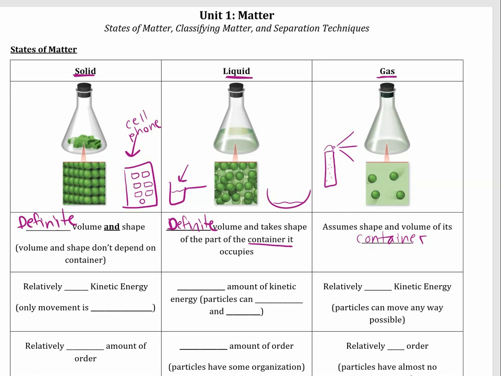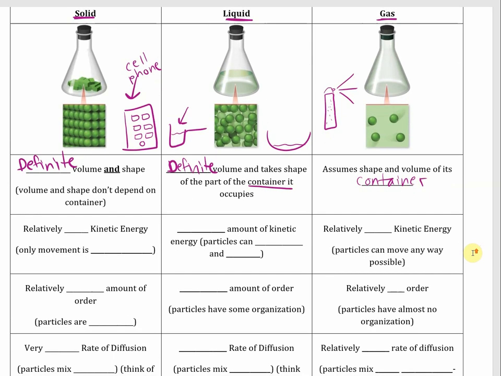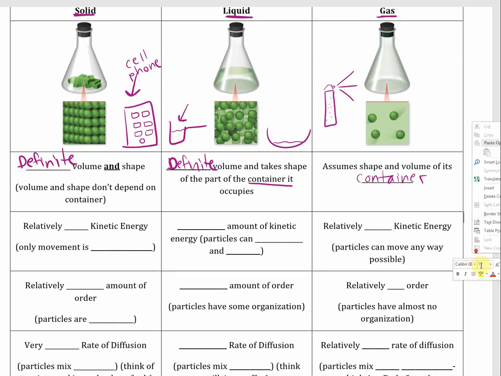As those particles spread, they are going to move in a specific way. Your cell phone particles and your water particles and your Febreze particles all have different amounts of kinetic energy. And kinetic energy has to do with movement. So more kinetic energy, more movement; less kinetic energy, less movement. Your solids, your cell phone, when you're looking at it, it just sits there. It's not vibrating.